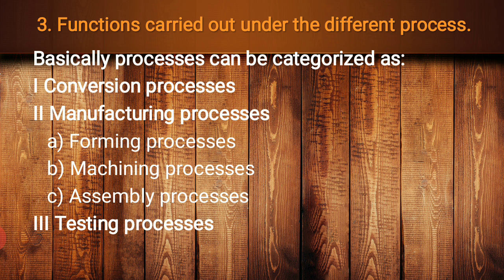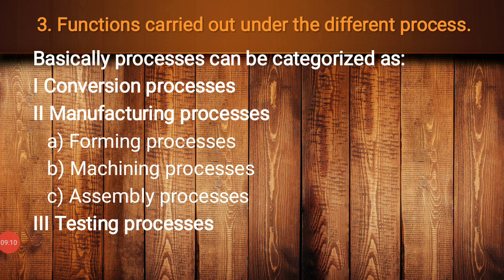But for now, we are trying to understand the functions, that is, what type of processes are generally undertaken in a manufacturing industry. Basically, these can be categorized under three different heads: conversion process, manufacturing process, and testing process.